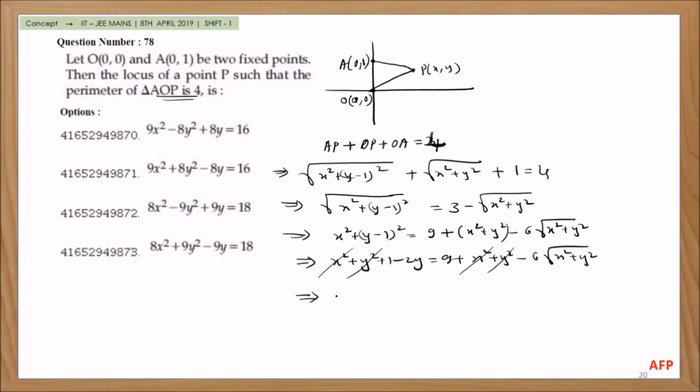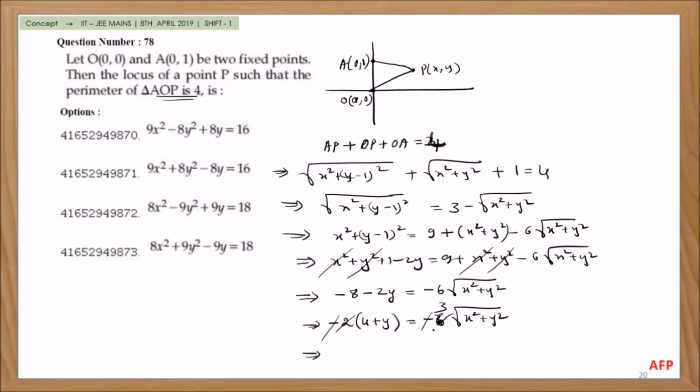Then what you are going to get is minus 8 minus 2y is equal to minus 6 times the square root of x square plus y square. So this implies, taking minus 2 common, 4 plus y is equal to minus 6 times the square root of x square plus y square over 2. So if you go for cancellation, minus minus cancels, we get 3 times.